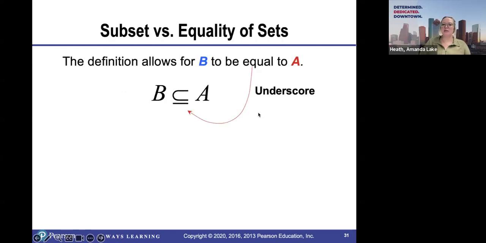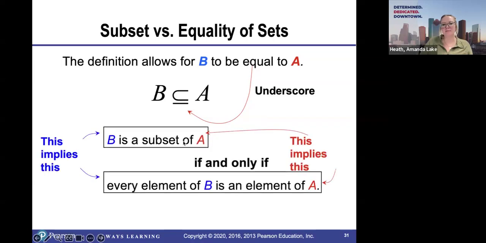Something to note about set equality and subsets is that the definition of subset allows for B to be equal to A. So this underscore here tells us that B is either a subset or equal to A. So this implies B is a subset of A if and only if every element of B is an element of A.